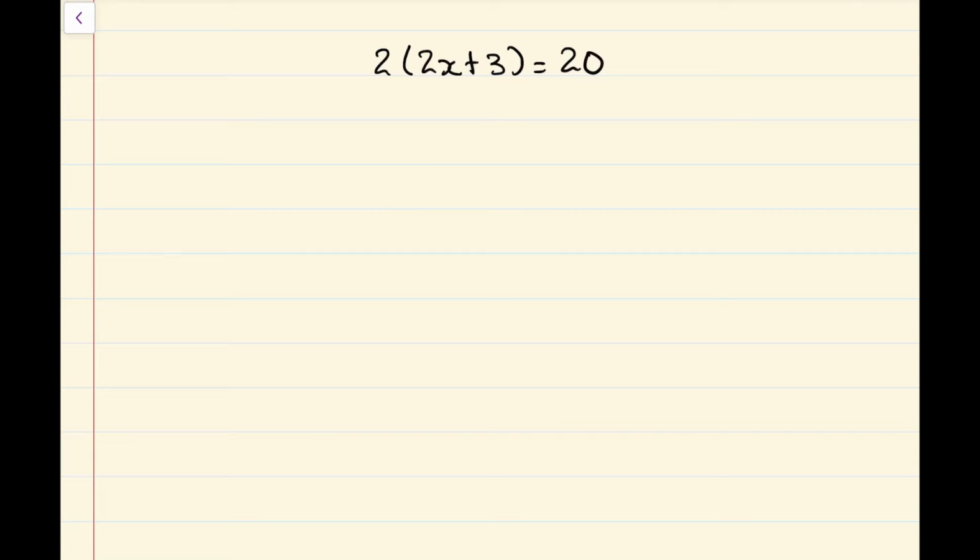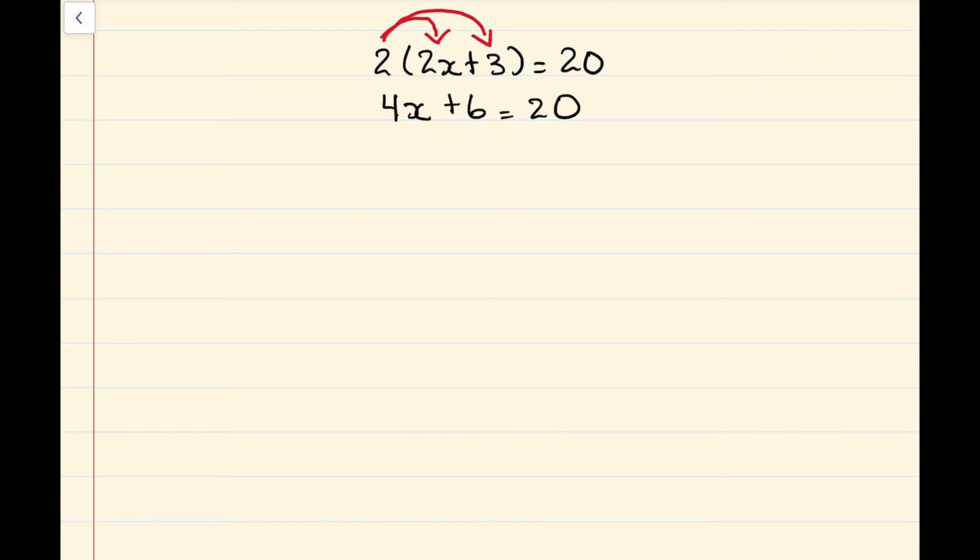So let's firstly multiply this 2 by this 2x. And we know that 2 times 2x is just 4x. And now let's multiply this 2 by this 3. And we know that 2 times 3 is just 6. And that's going to equal the 20. And that's basically how we remove that bracket.